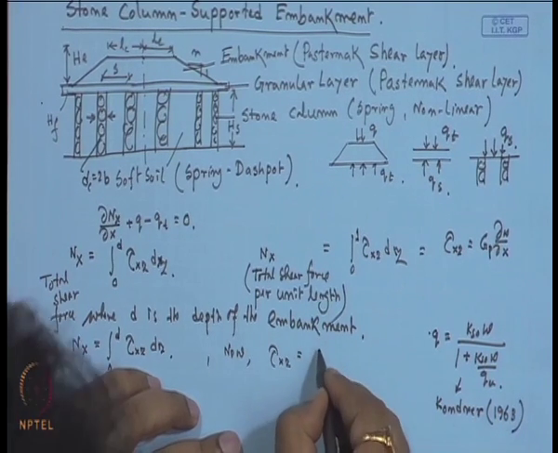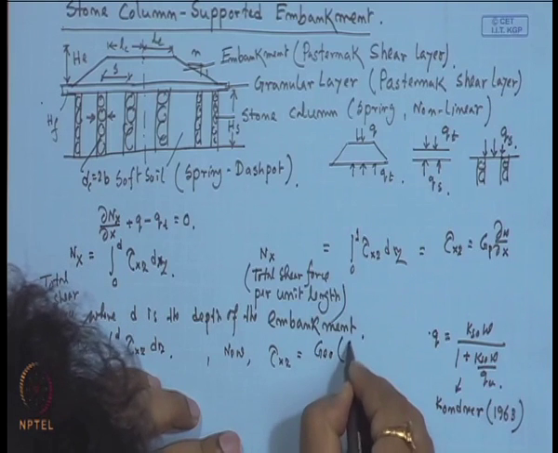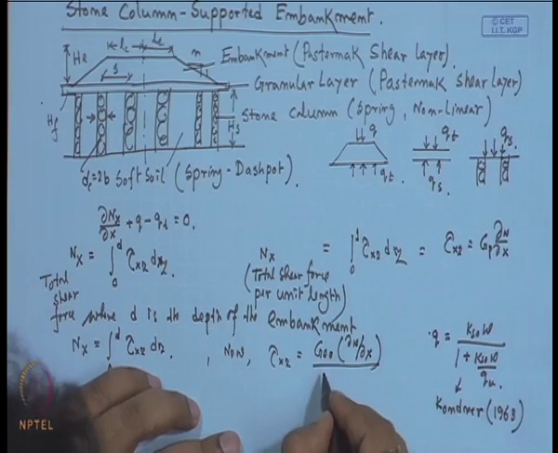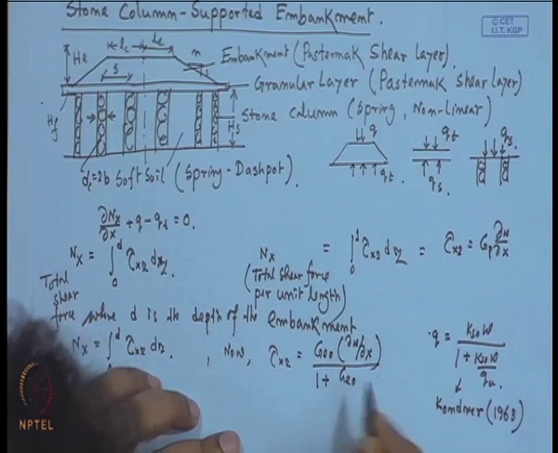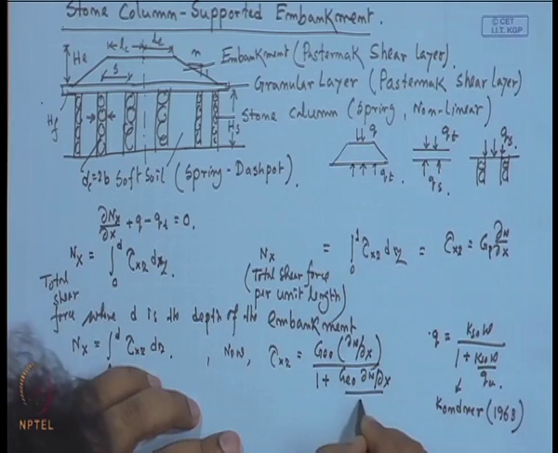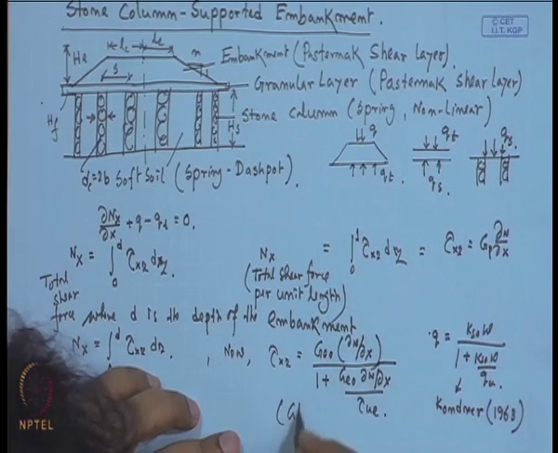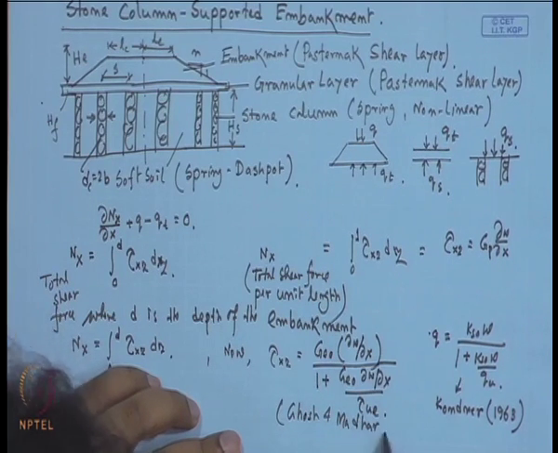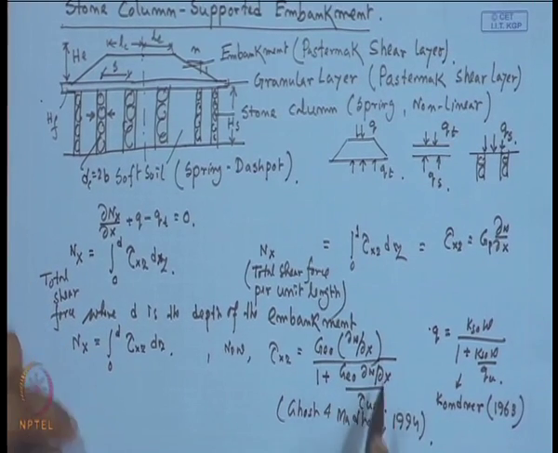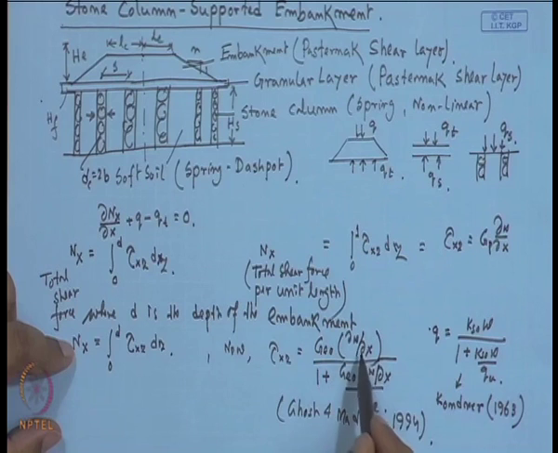Similar expression was proposed by G E 0 d w by d x divided by 1 plus G E 0 d w by d x divided by tau u e, proposed by Ghosh and Madhav 1994.